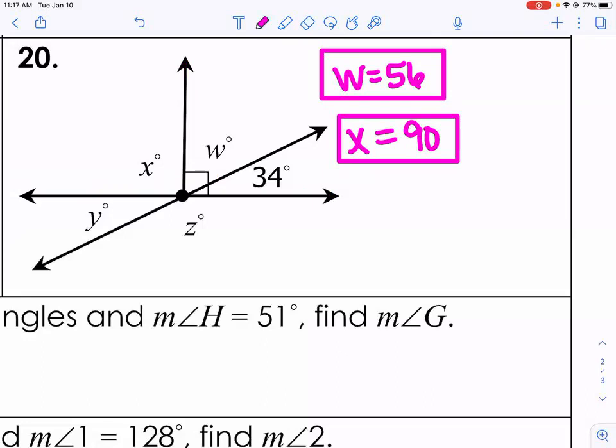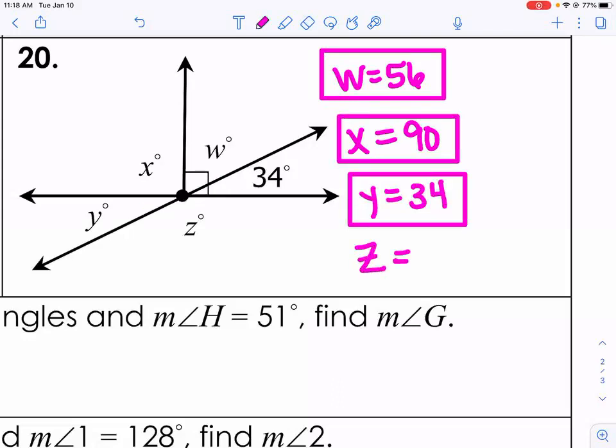Next. Aretha, give me one. Y is 34. Bronson, how do we know that Y is 34? We have vertical angles right here. And then we have Z. Harper, what did you get for Z? 146.